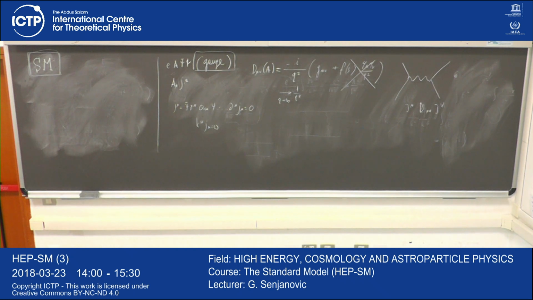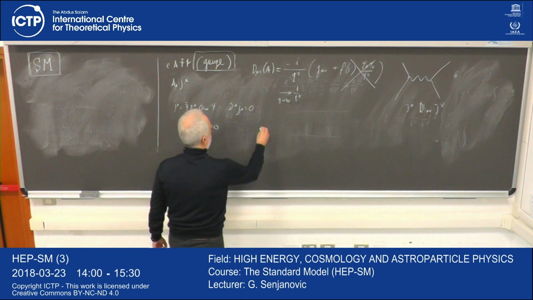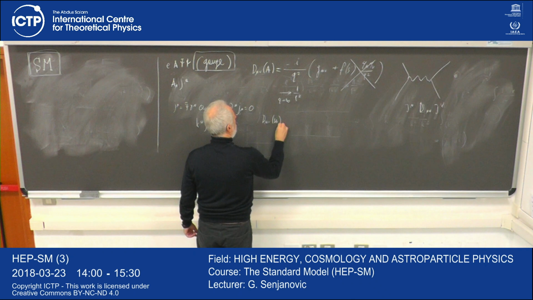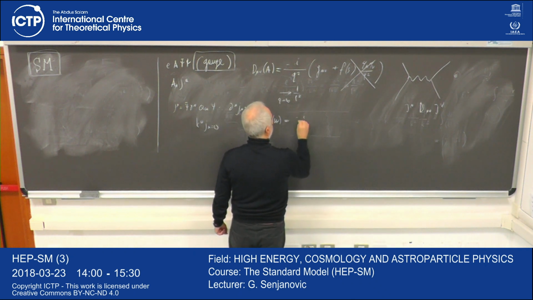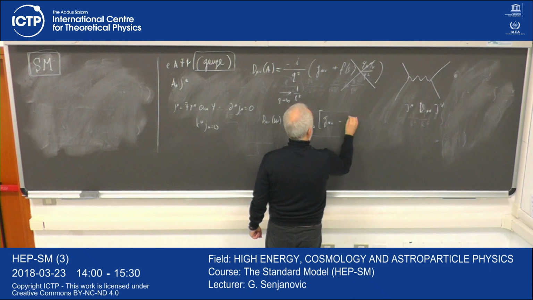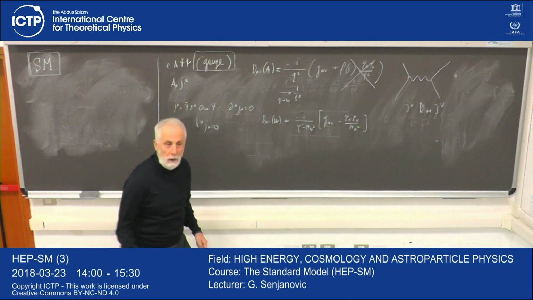But when we wrote the W propagator, let's write it again more carefully, a massive gauge field, which I call W, we get minus i over q squared minus M_W squared, times g mu nu minus q mu q nu over M_W squared. Once again, what happens now?